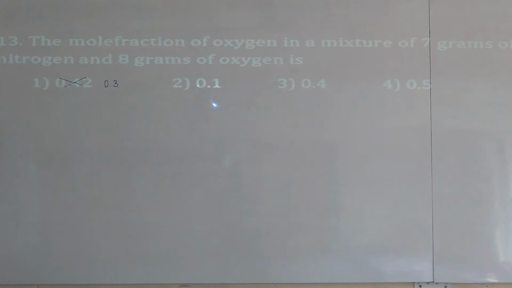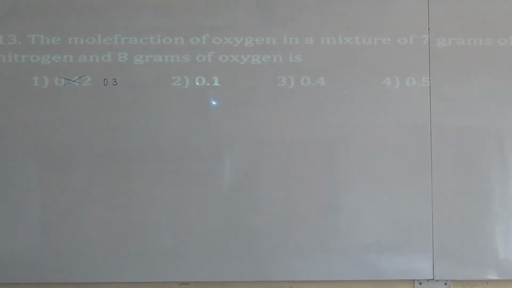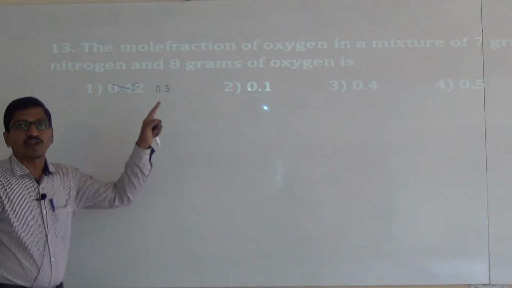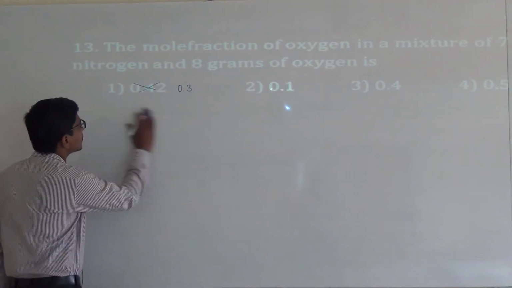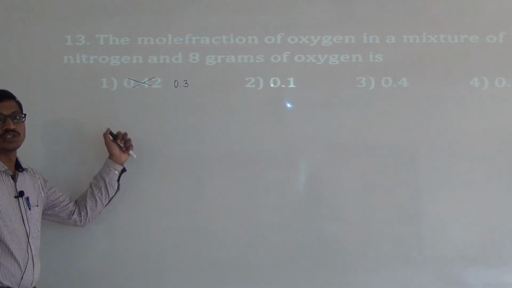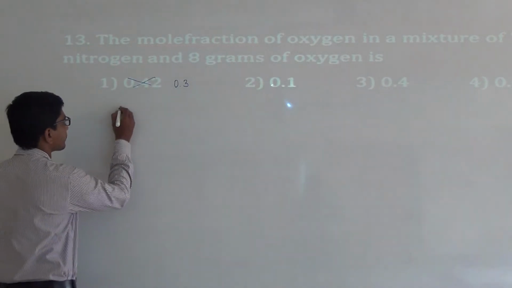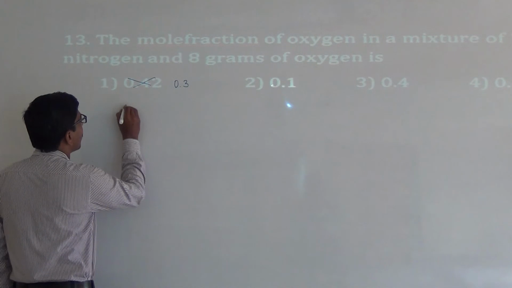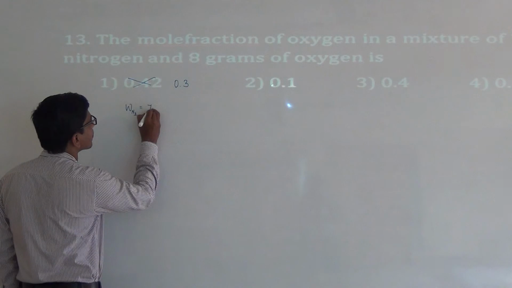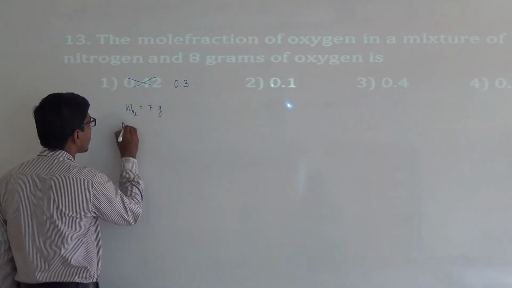Here the mole fraction of oxygen in a mixture of 7 gram of nitrogen and 8 gram of oxygen. They gave the mass of nitrogen and oxygen, and we know the molar mass of nitrogen as well as oxygen. First, we have to calculate the number of moles of nitrogen as well as oxygen. WN2 is equal to 7 gram.